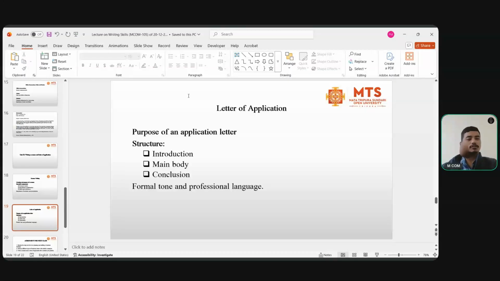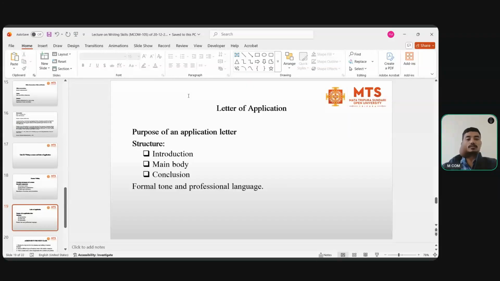It's very important. The letter should be brief and very much focused. A well-written letter of application increases the chances of getting shortlisted or selected for a job. Okay, so these are very important.